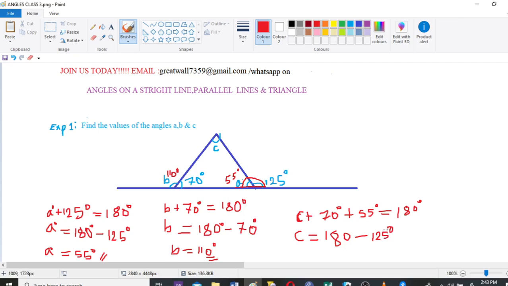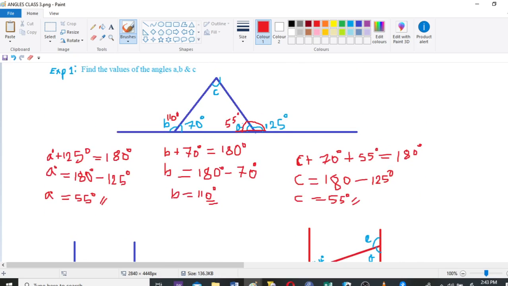Now subtracting 125 from 180 will just give you 55 degrees. All right. You can confirm that, just confirm if that's true.